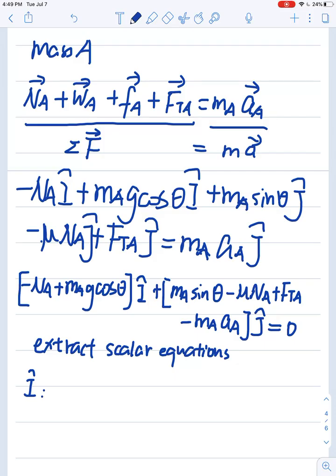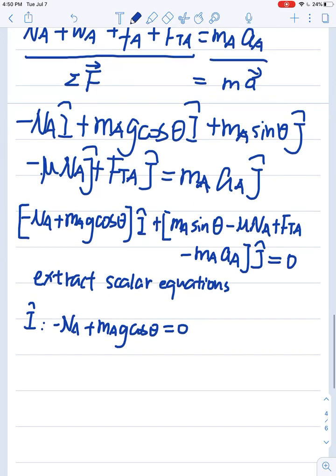For i components, we only have one i, right? So negative mu, oops, that's not mu, that's NA. Negative NA plus MA g cosine theta is 0. And for j component, we have MA g sine theta.